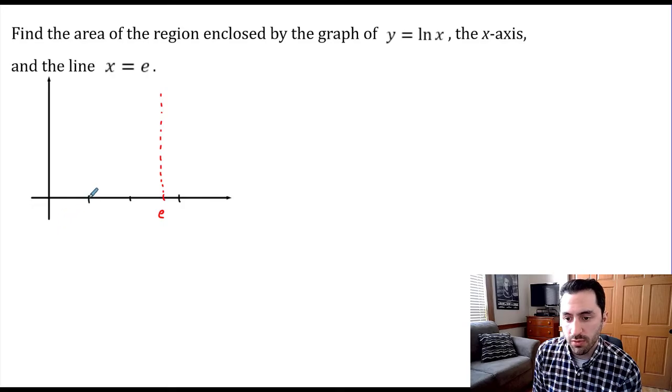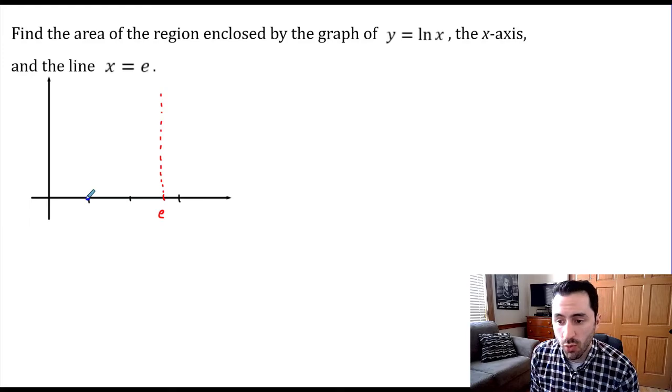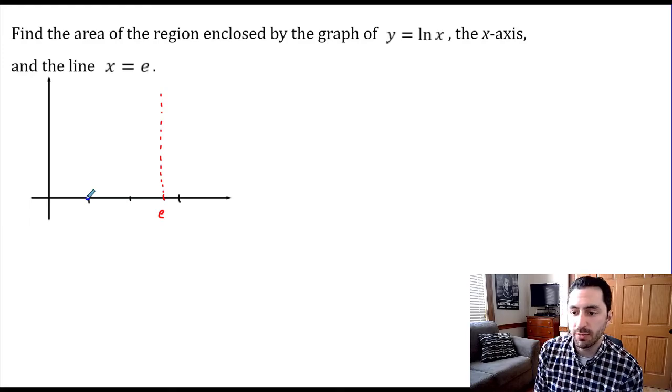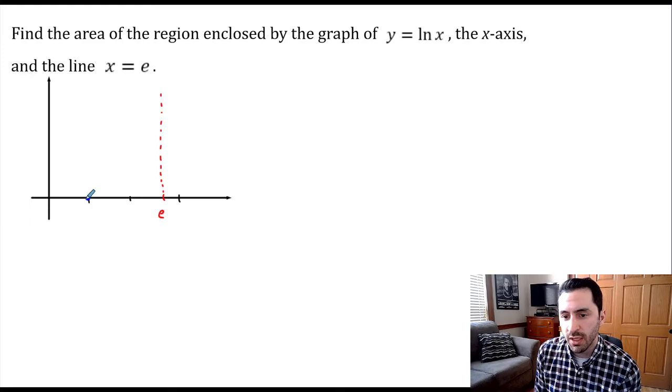But at 1, we know that that has a value of 0. And then if I think about where it's going to intersect my vertical line, I can plug in e. The natural log of e is actually just 1. So it's going to intersect here at e, and then the y value is positive 1. And it's logarithmic, so it's a nice smooth curve that goes over to here.